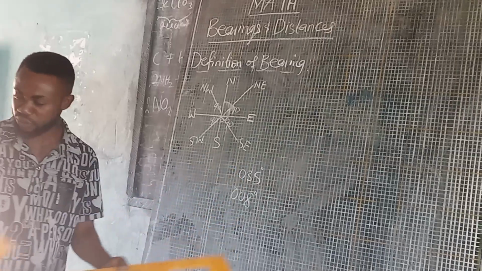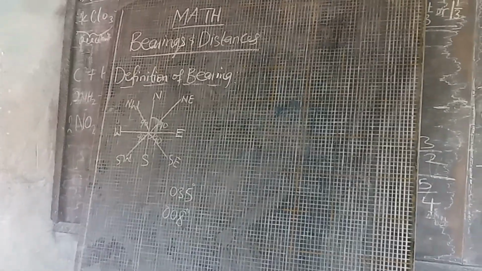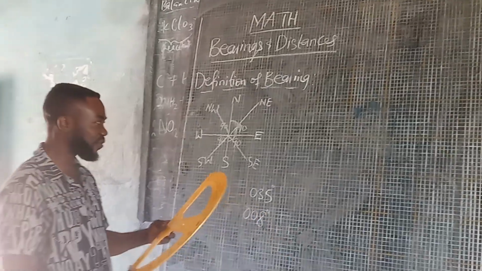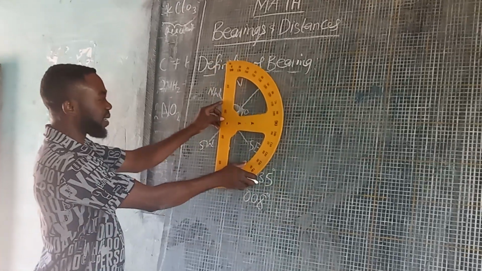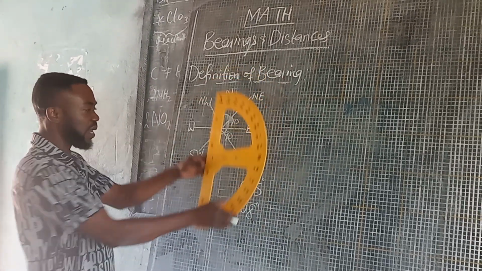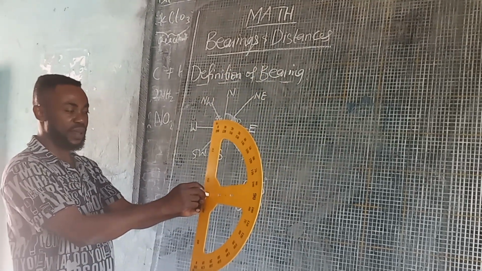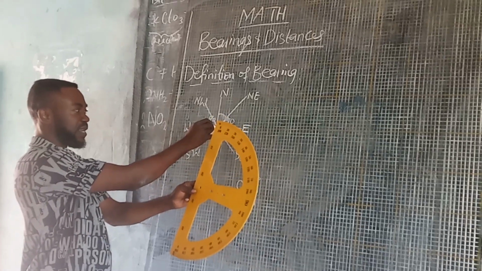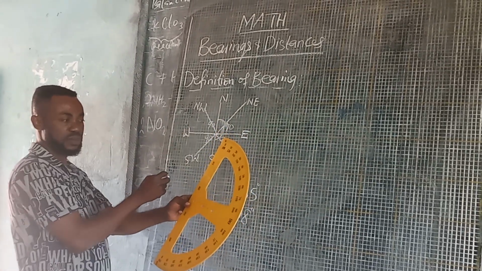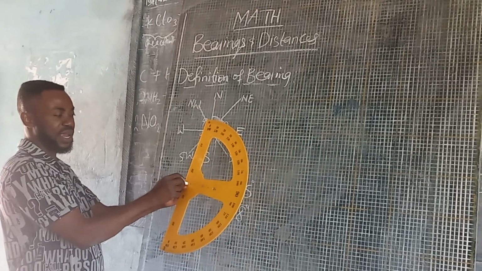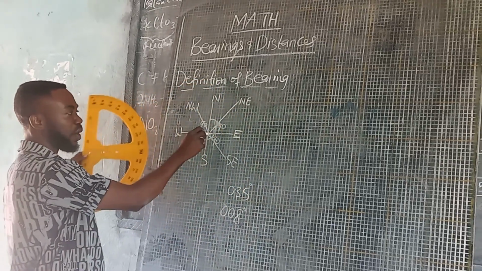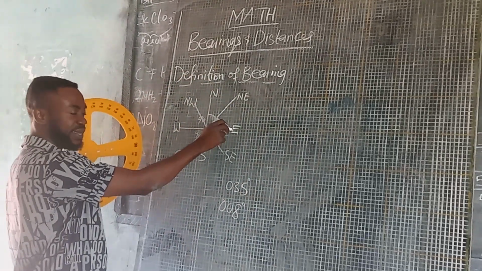I'm going to show you how to place your protractor. Are you with your protractor there? For you to measure bearing, you place it like this. Let this hole here be in tandem with this junction, and let this line here be along this axis, the east axis.